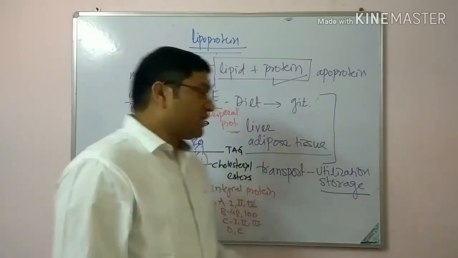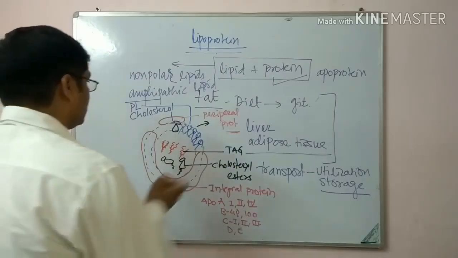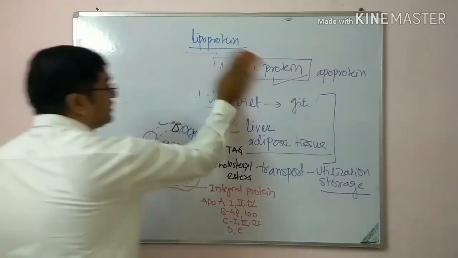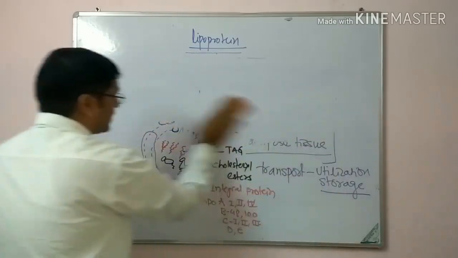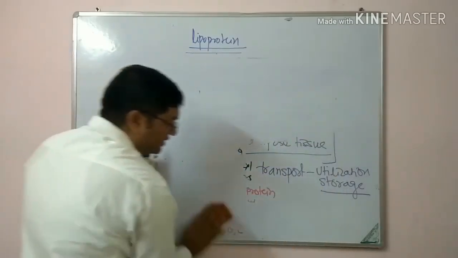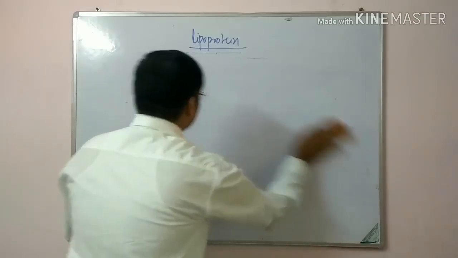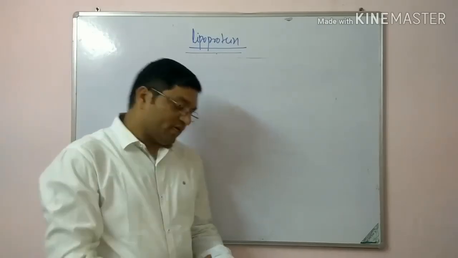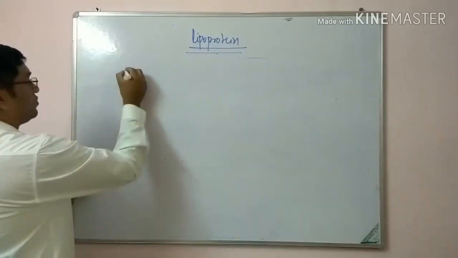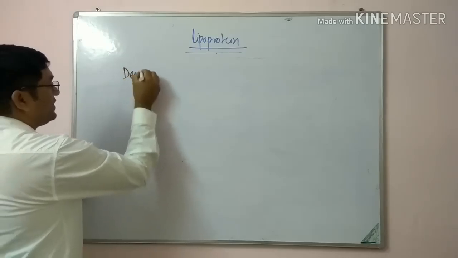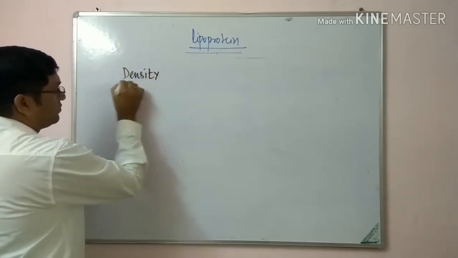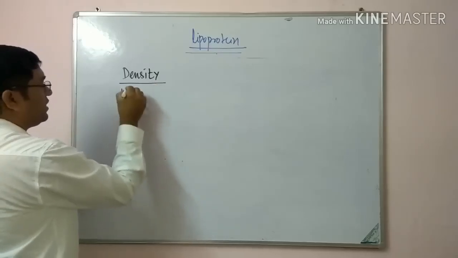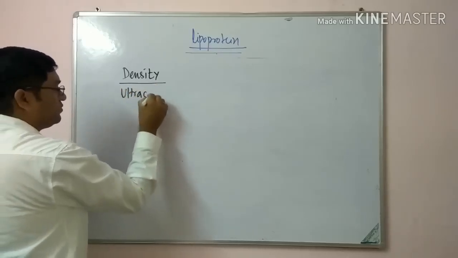Now coming to the classification of lipoproteins. These lipoproteins are classified on the basis of their density and, second, their electrophoretic mobility. So classification on the basis of density is by ultracentrifugation.